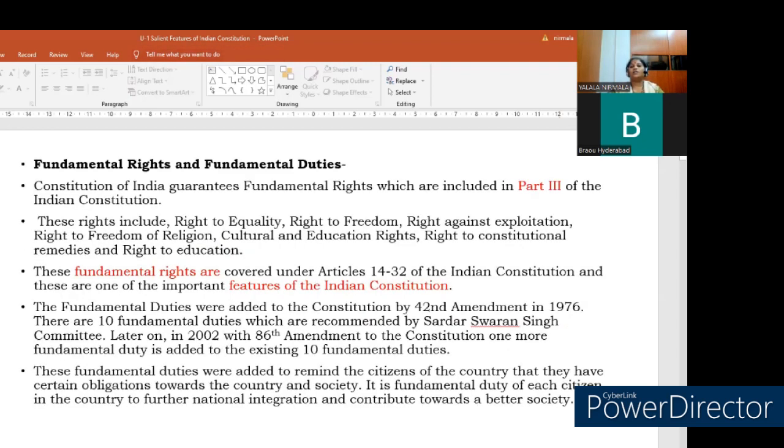The fundamental rights and fundamental duties. The Constitution of India guarantees fundamental rights, which are included in Part 3 of the Indian Constitution.